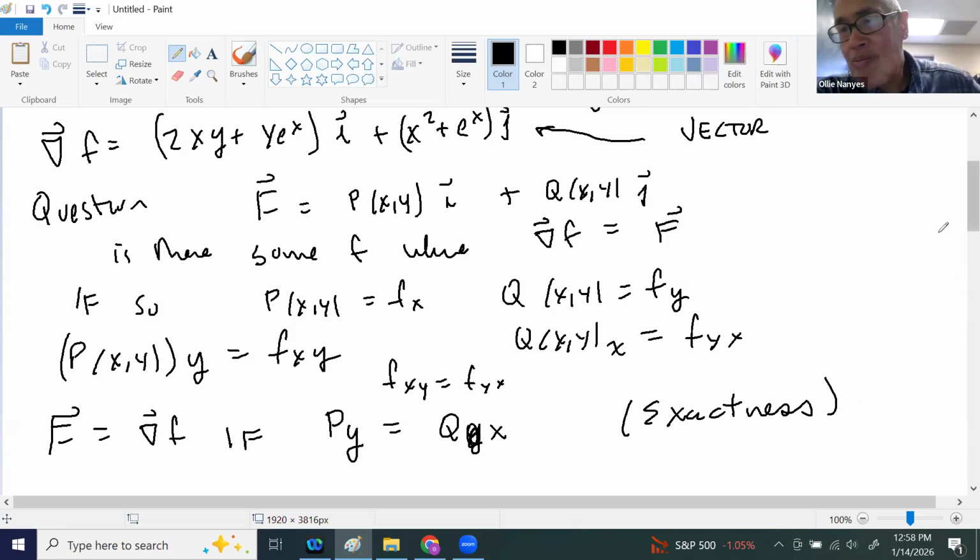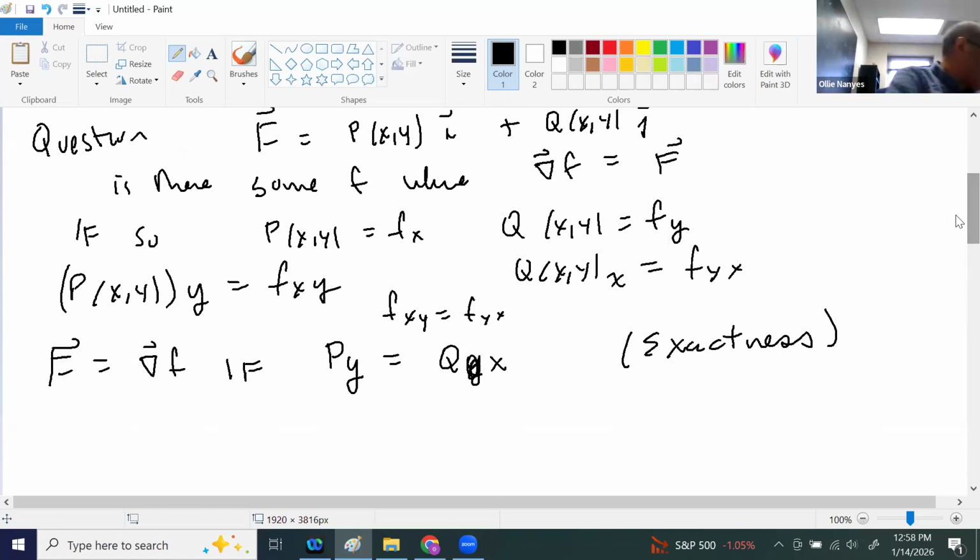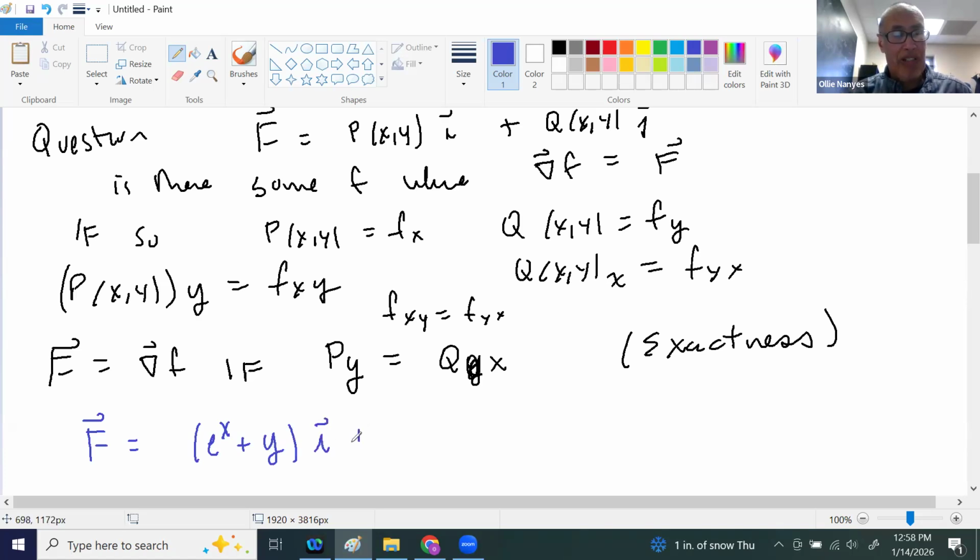Now, of course, the question remains, and I do have an example written down that I want to do. At least I thought I did. Suppose we're given an example, let's say F is e to the x plus y, i, plus sine of y plus x, j.